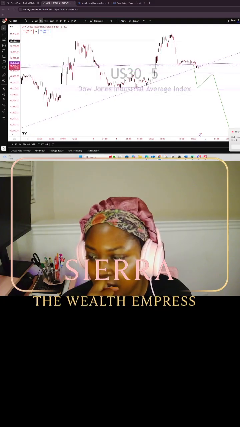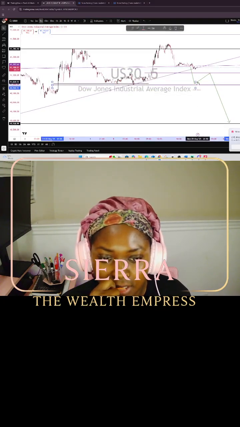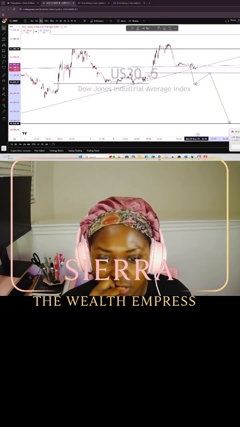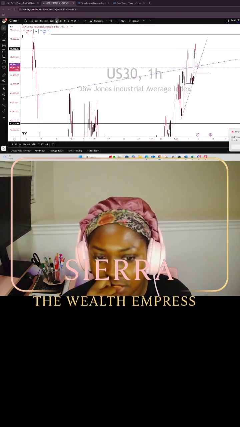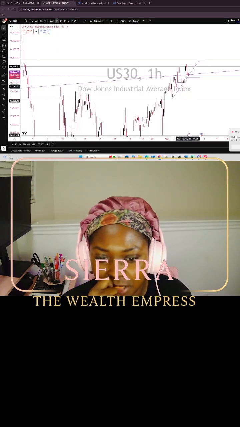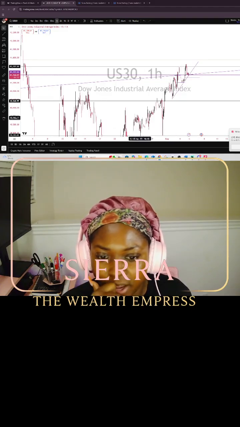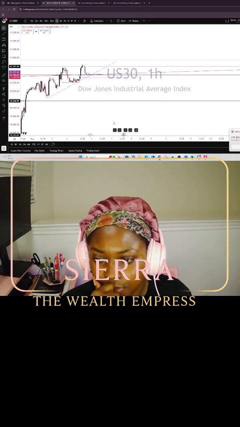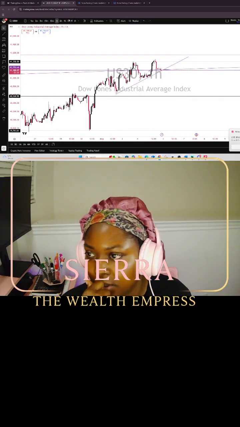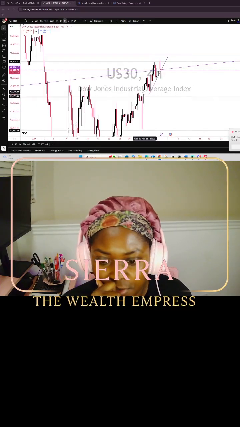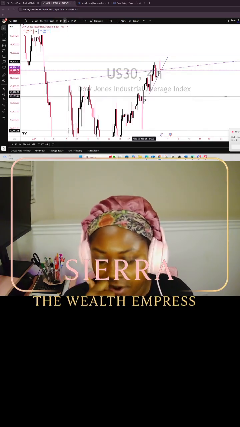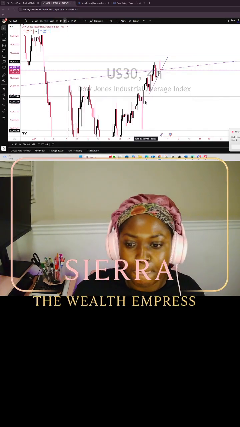And you know, you don't really need much on US 30 or NAS. You don't need much. So I definitely want to see price break this little trend line, get underneath this daily gap because it already ran that liquidity. And I'm taking it down to 50%. And then you have that same fair value gap right here on the 4 hour.